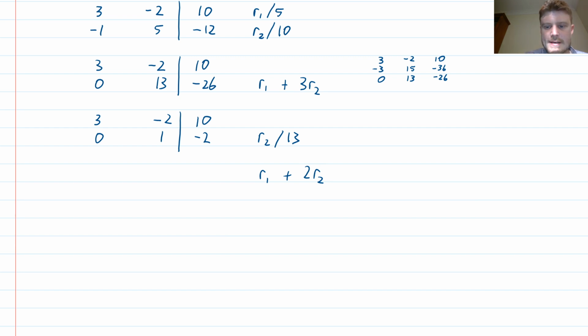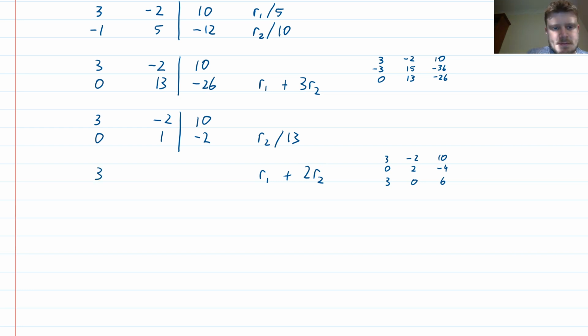So let's go ahead and write down the numbers that I'm actually calculating. So row 1 was 3, -2, and 10. 2 times row 2 is going to be 0, 2, and -4. Then adding these up will give me 3, 0, and 6.